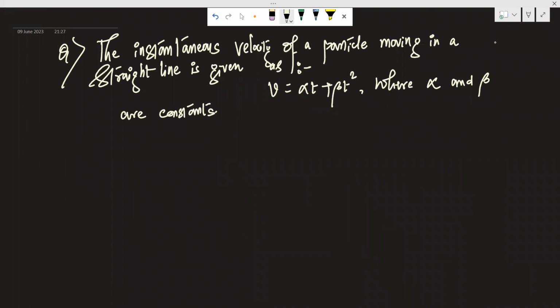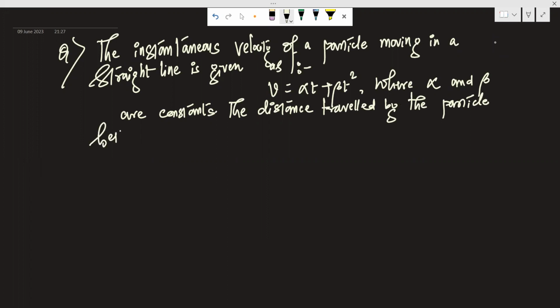The question is: the distance traveled by the particle between 1 second and 2 seconds is. First option is 3 alpha plus 7 beta.